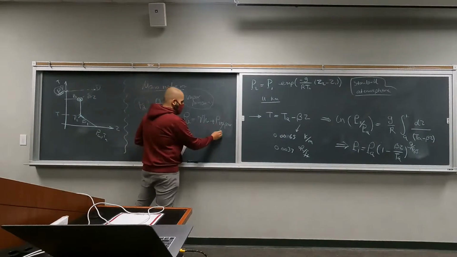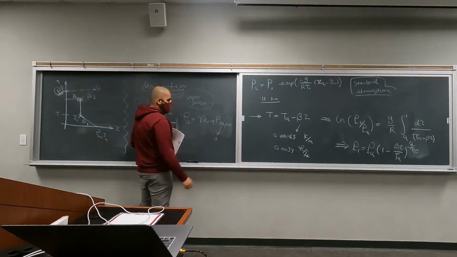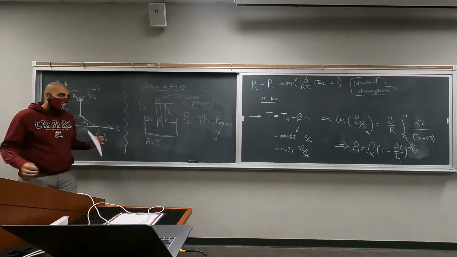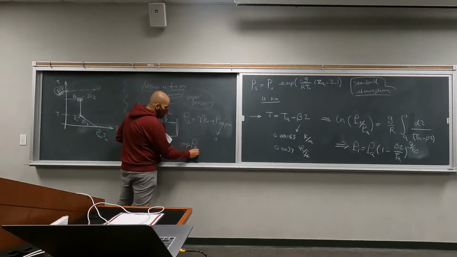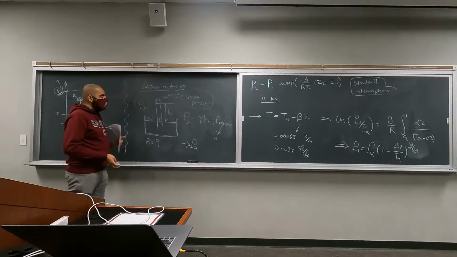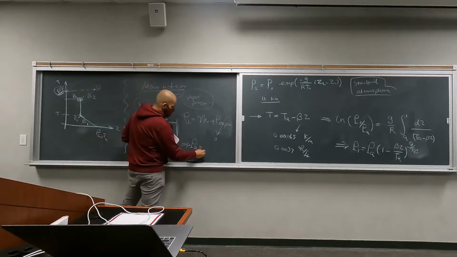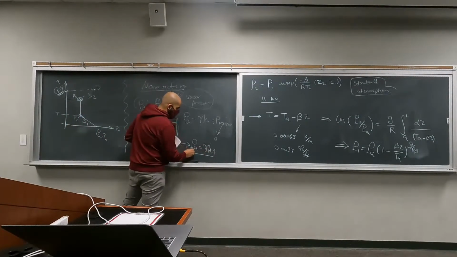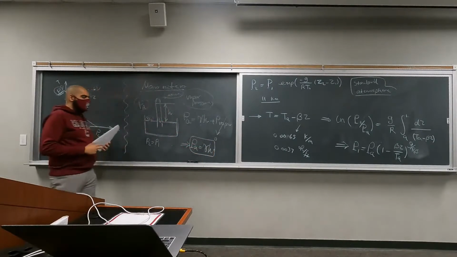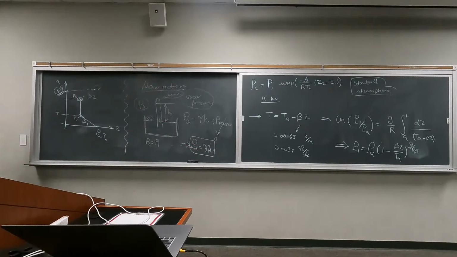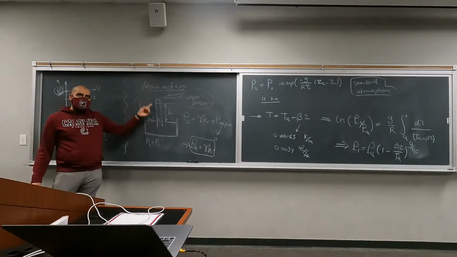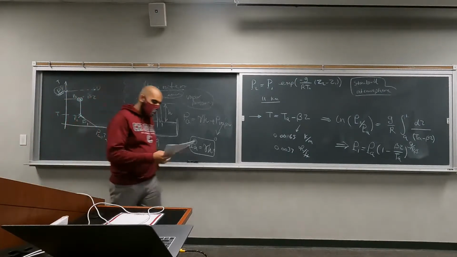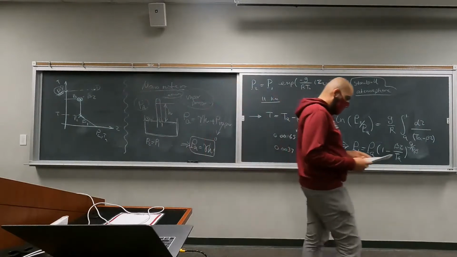And this vapor pressure is usually very small, so we're going to assume it's 0. So this manometer is going to help us measure the atmospheric pressure using the height of this column of mercury. Any questions so far?